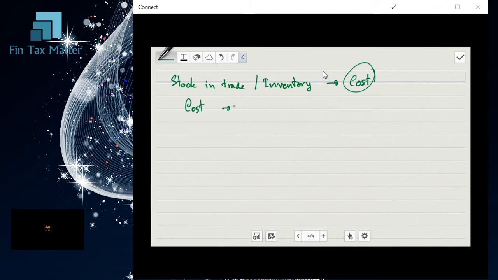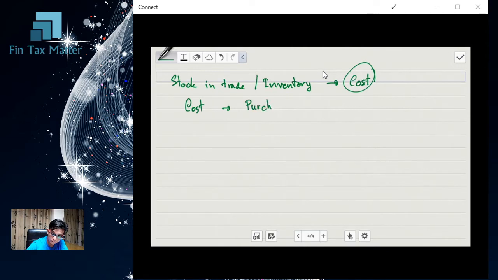Cost comprises the purchasing price or production cost, which includes any conversion cost.